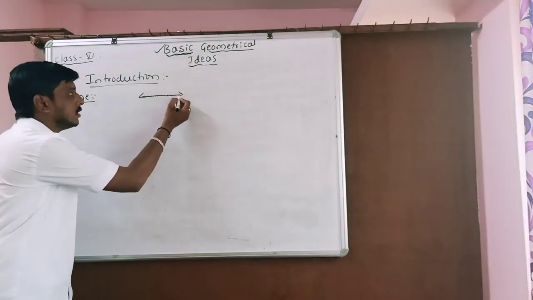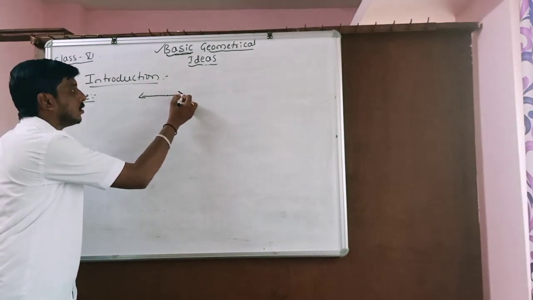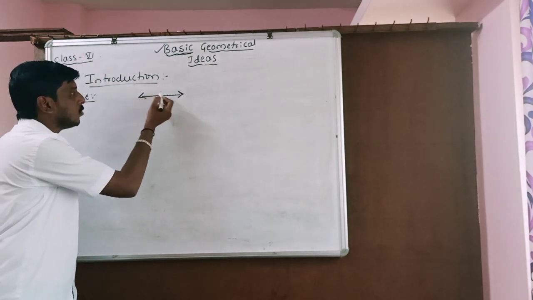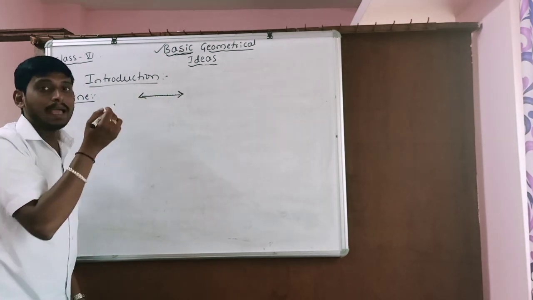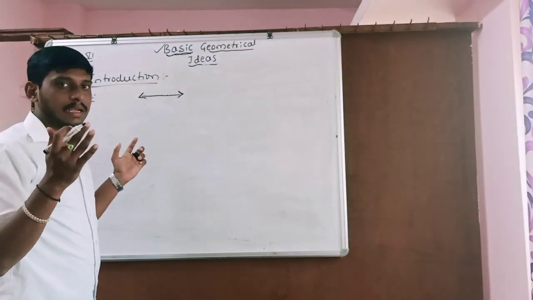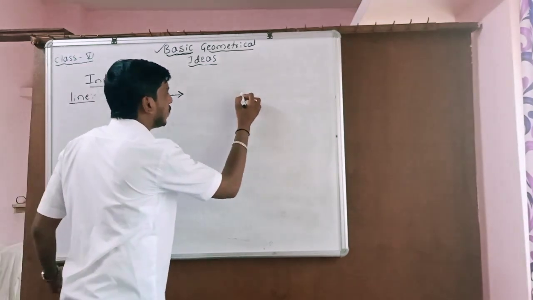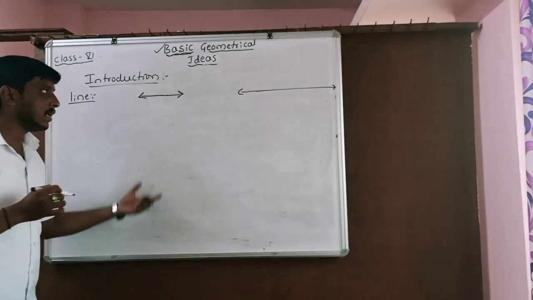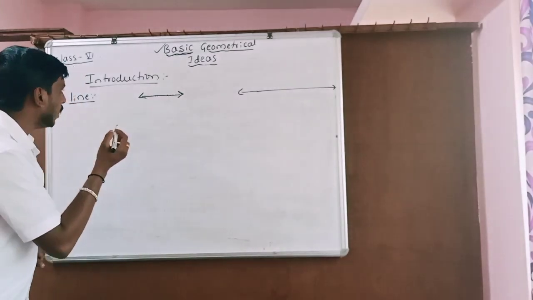What does this indicate? The arrow mark is not for decoration. This arrow indicates that a line can be extended on both sides infinitely. You can expand like that. So this is also a line and this is also a line. What do you mean by line?